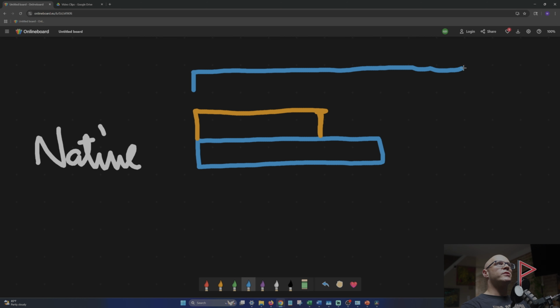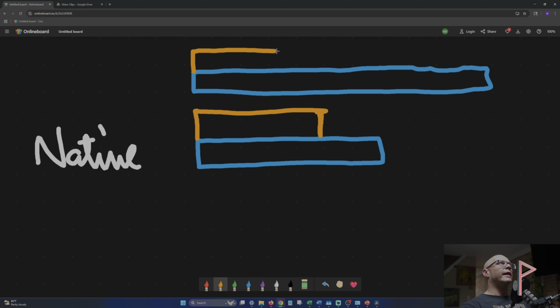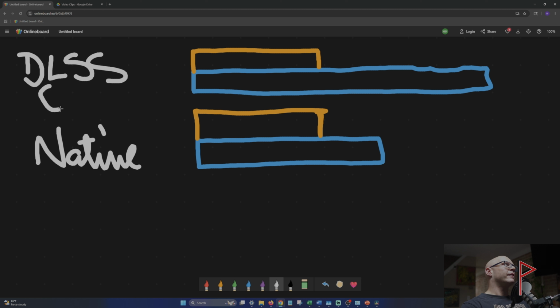DLSS performance mode in 4K. See, all the way over there. Really boosts your frames, right? Some of them anyway. And here are your 1% lows. And this is DLSS, I'll put performance mode at 4K. Because there's lots of implementations of DLSS that you can play with.